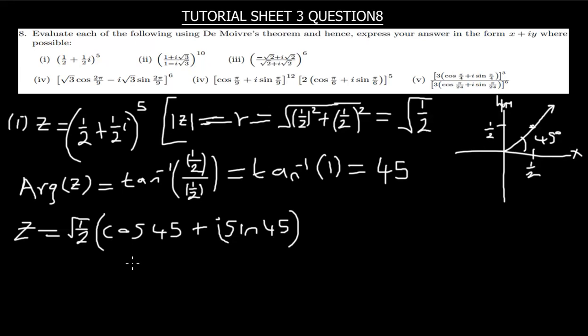So from there, this is our complex number, we now put this 5. So putting that 5 is just the same as doing this.